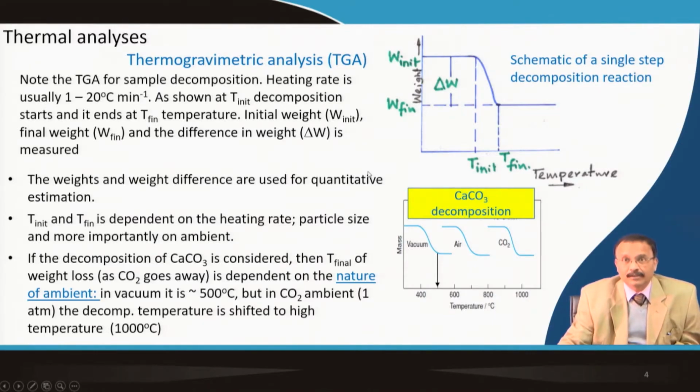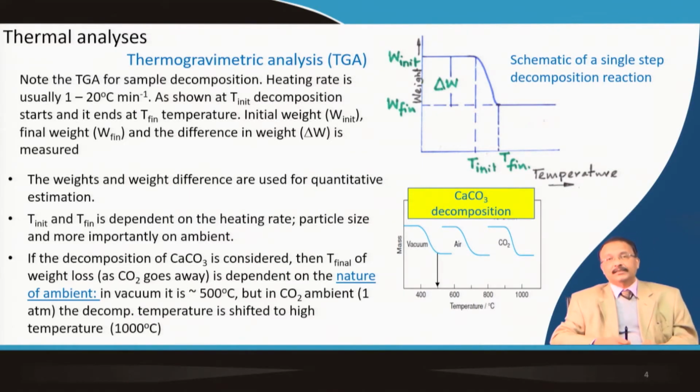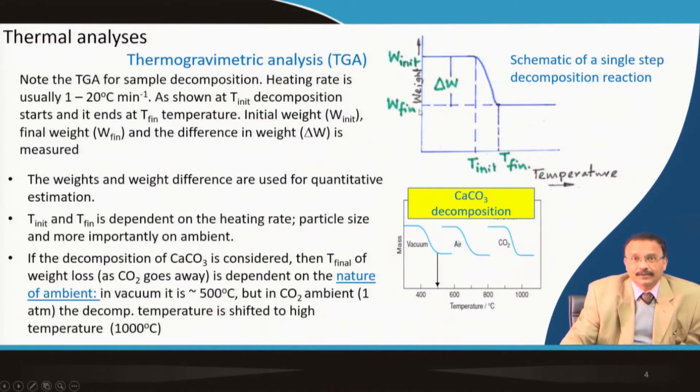They also depend on the particle size of the material that you are using, and more importantly, on the ambient that surrounds the sample. If you consider the decomposition of calcium carbonate, T final will be the temperature where the weight loss is complete, and carbon dioxide completely goes away.